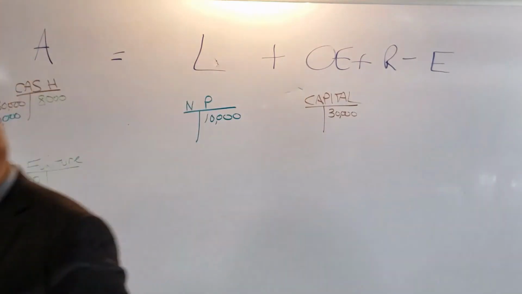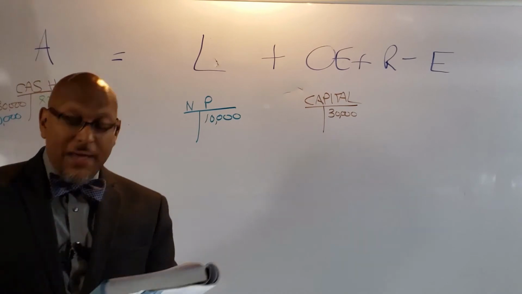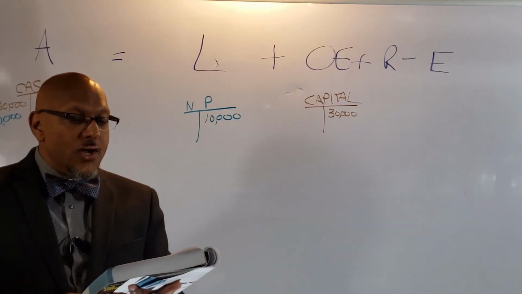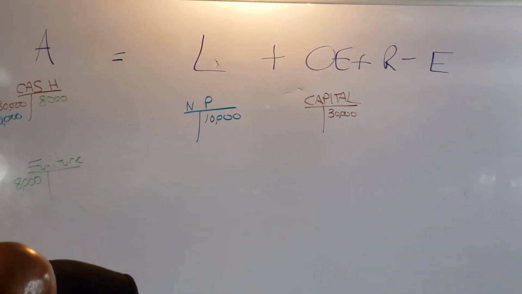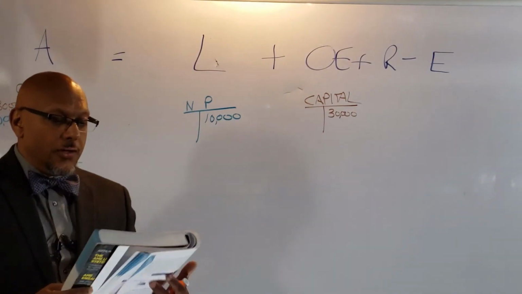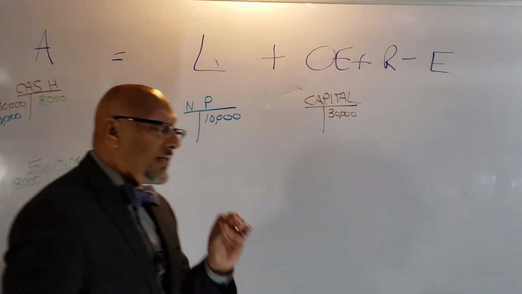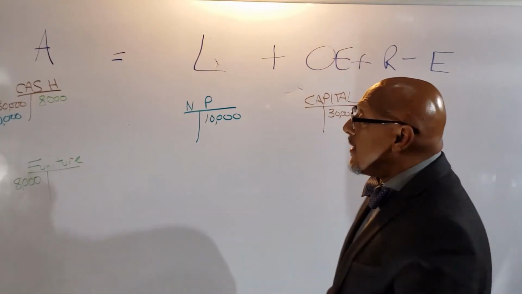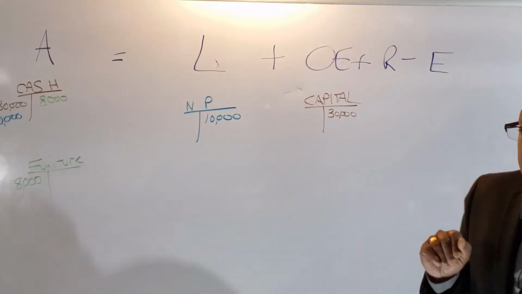The next transaction we have is a customer paid $2,000 cash for bookkeeping services to be provided next month. So, what two accounts are being affected there? Well, they paid cash, so we know cash is affected.